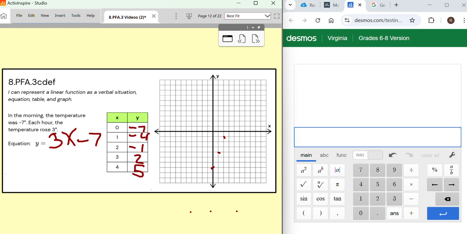Then a 3, 1, 2, 3, and a 2. And a 4, 1, 2, 3, 4, and a 5, 1, 2, 3, 4, 5. And when you have a linear function, your graph needs to be a line. If it's not a line, you have graphed something incorrectly.